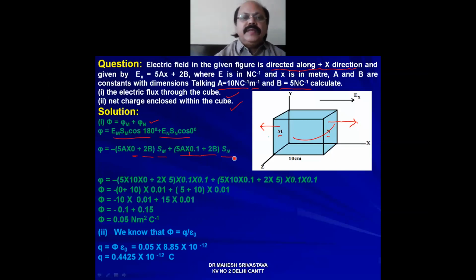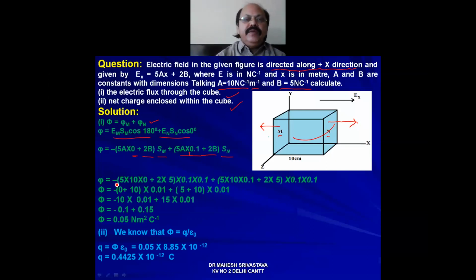Now you substitute the values which are given in the question, that is A equal to 10 and B equal to 5, and for area you have to take 0.1 into 0.1 for M surface and N surface.